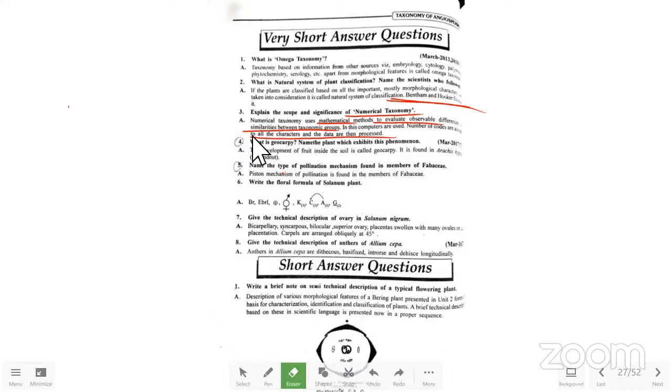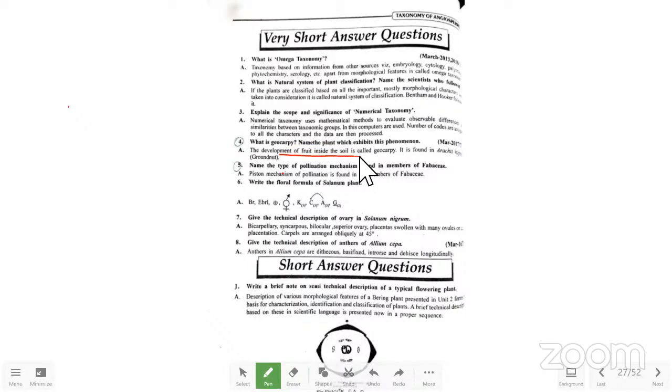Next one. What is geocarpy? Name the plant which exhibits this phenomenon. Geocarpy: geo means earth, carpy refers to fruit. When the fruits are produced under the soil, that is called geocarpy. Development of a fruit under the soil, not inside the soil.